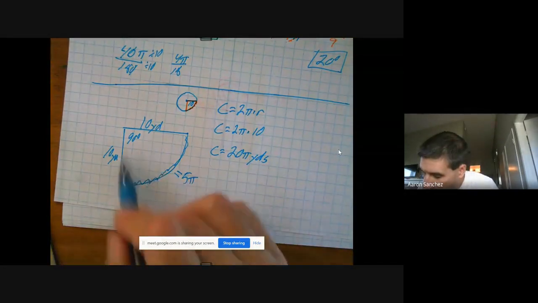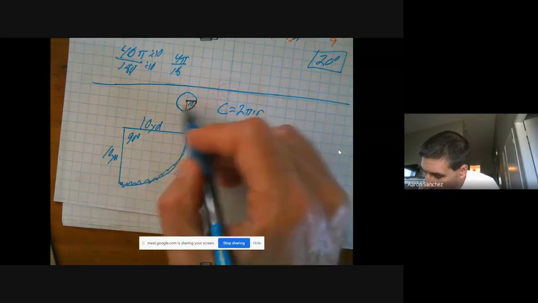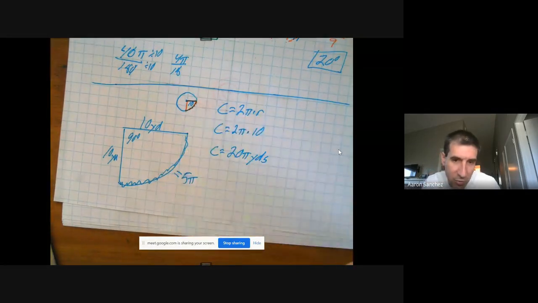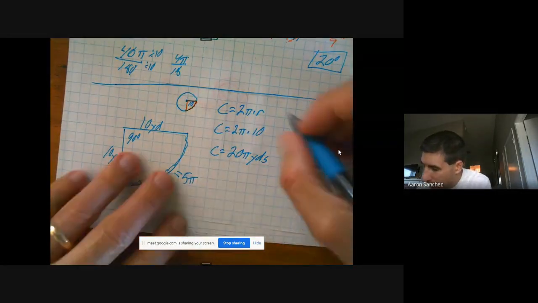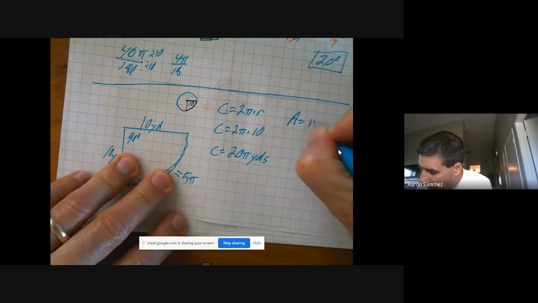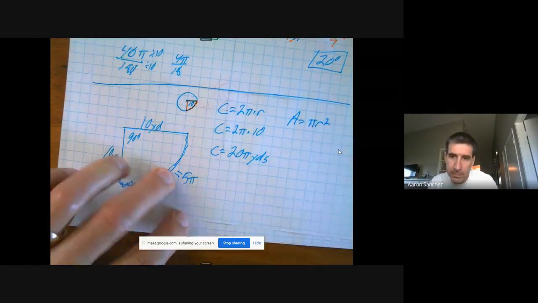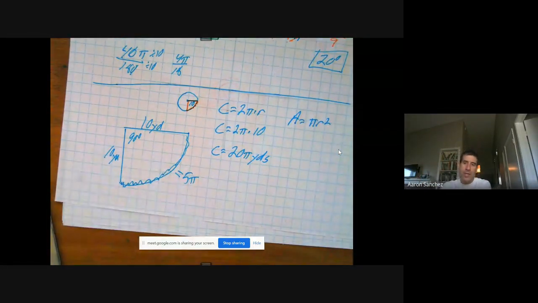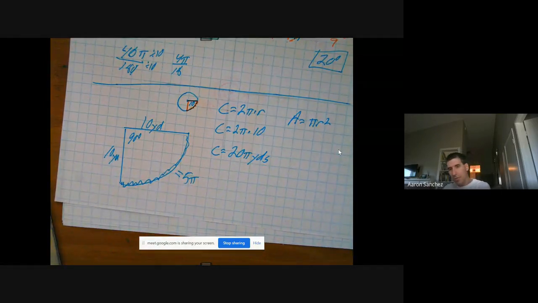Now, to find the area, we got to find the area of this whole circle and then divide that by 4 too. By the way, the area of a circle is pi r squared. Pi times the radius squared, and then you get a fourth of that. I'll let you guys figure that out on your own.